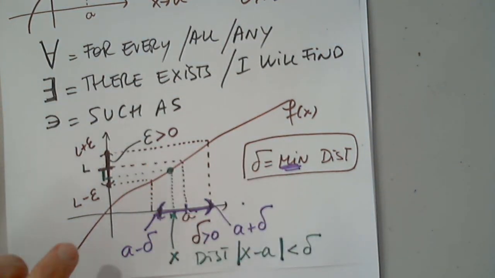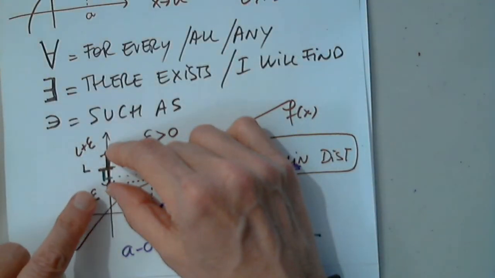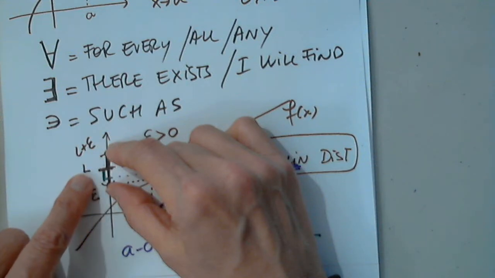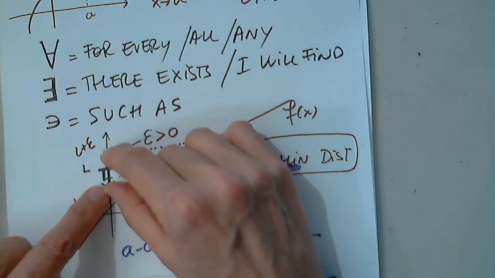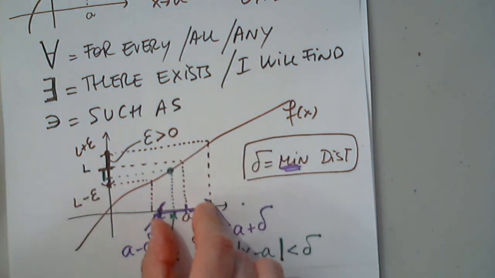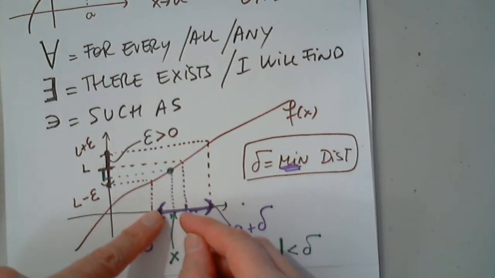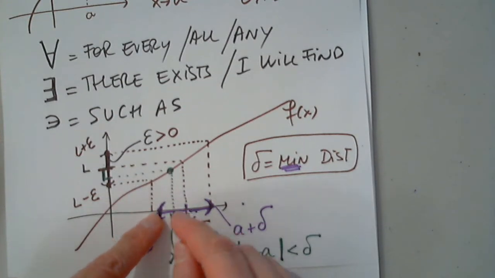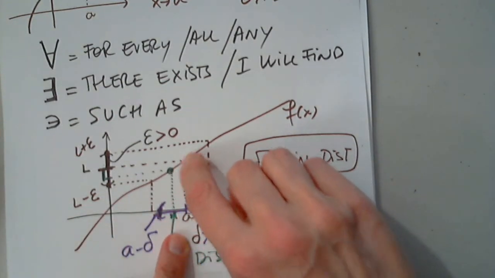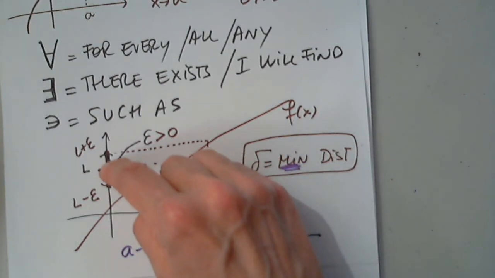Okay, one more time. For every epsilon positive, as small or as big as you want it to be, near L, but positive again, I will find the corresponding delta near A, a positive value, of course, delta is positive, such that every time I pick x close to A, not further away from A than delta, either here or here, f of x will fall within epsilon away from the limit.